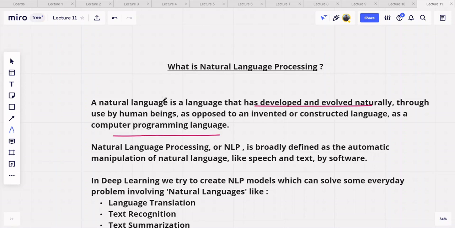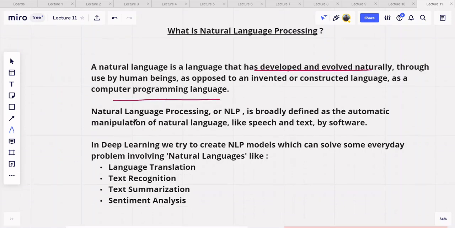Now the field that deals with natural language is called natural language processing, or NLP, which deals with the processing and analysis of natural language. From a deep learning point of view, in natural language processing we deal with natural languages.